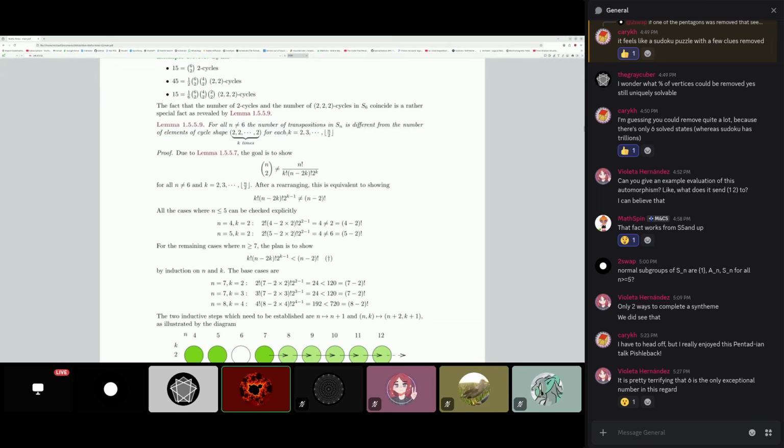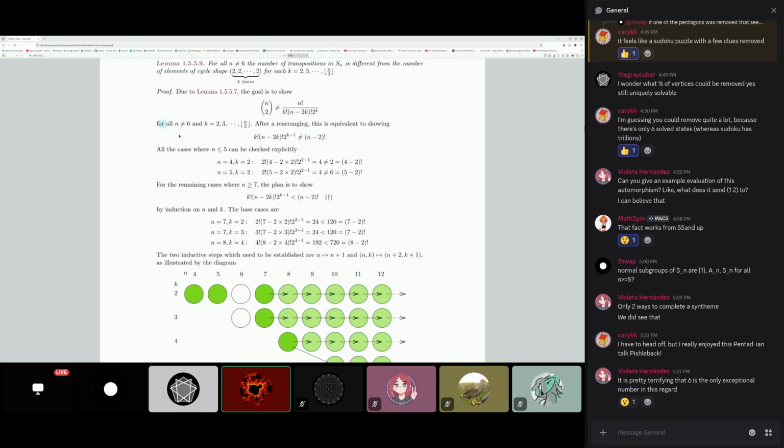We're trying to show that this is not equal to the thing which is counted above. That's the number of 2 cycles, that's the number of 2 to the k cycles. And then there's some argument of just a bunch of algebra to check.